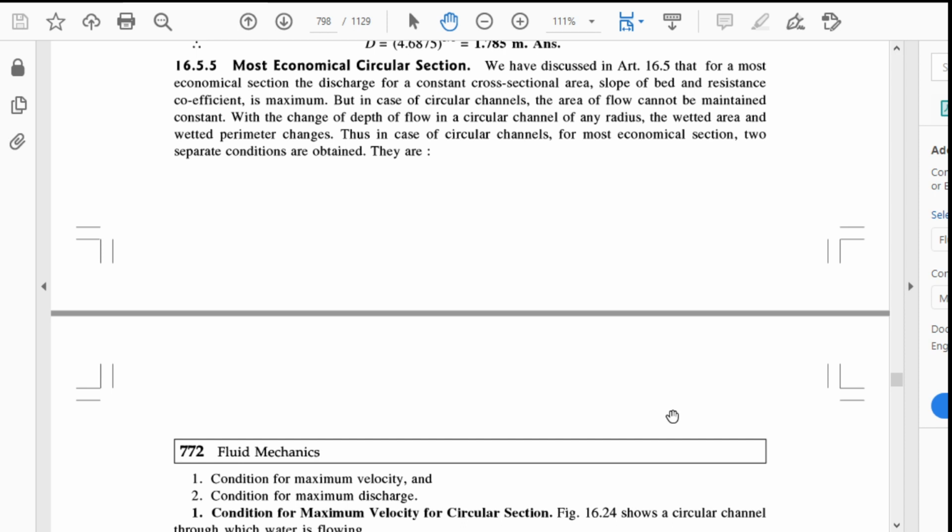For the most economical section, as we have already studied, the discharge through the channel section should be maximum, for a constant cross-sectional area, constant slope of bed, and also constant resistance coefficient.